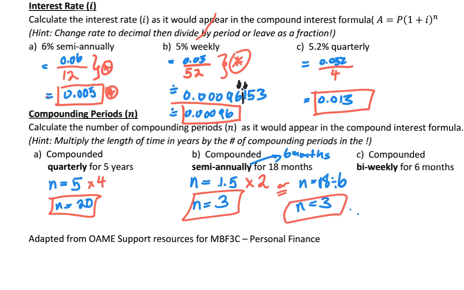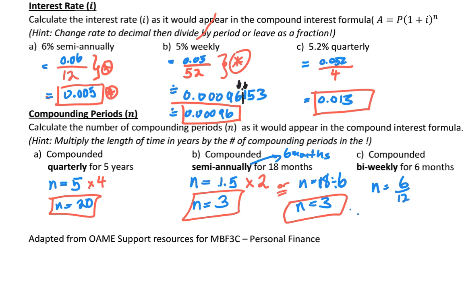All right, now if I have something that's compounded bi-weekly for 6 months, in this case, what you're going to do is take n, and in order to get something that's done bi-weekly for 6 months, we need to take 6 over 12, which is 6 months, and convert it into a year.